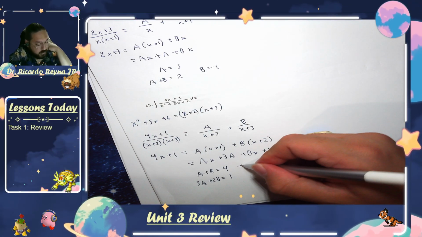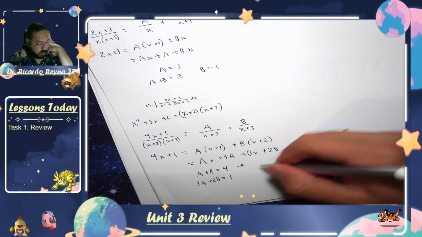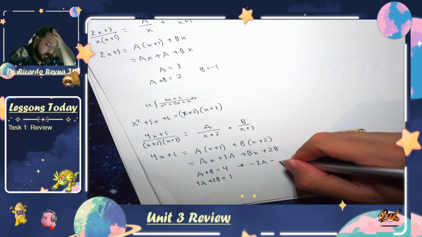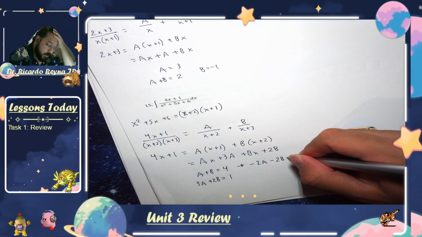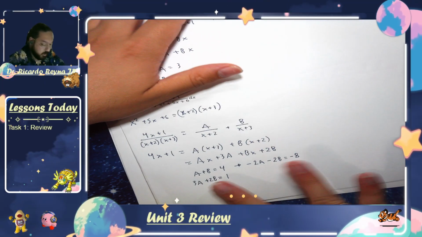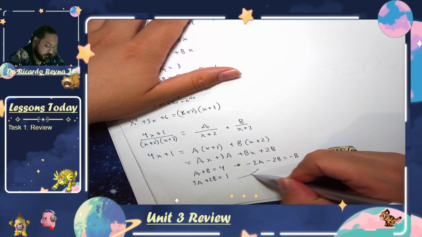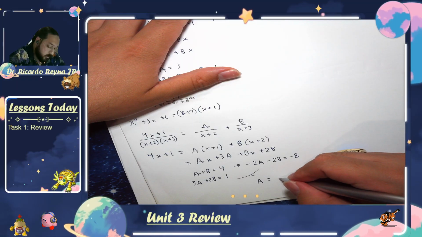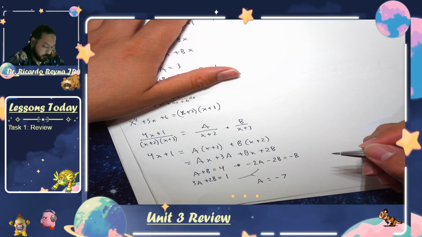So I'm going to multiply this one by negative 2 to get negative 2a minus 2b equals negative 8. And then combine these two to get a is equal to negative 7.